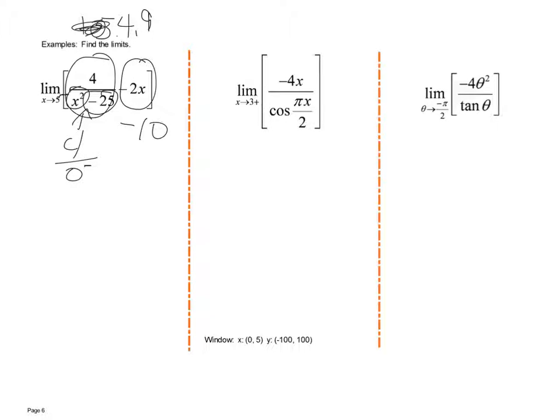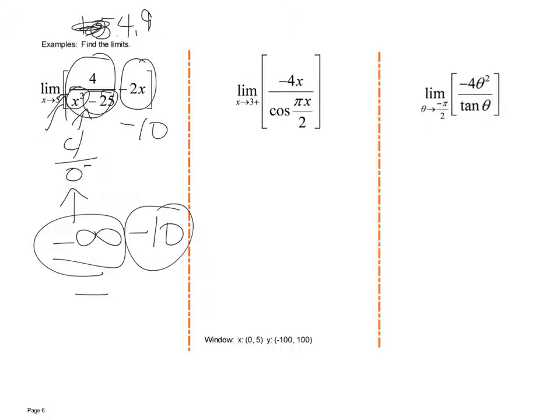This is a small negative number if I'm to the left. And again, I changed this problem to just have that to the left. I'm going to approach from the left. So this guy is negative infinity minus 10. Overall, I got some huge number that's getting huger and huger negative, minus another number. It's getting even more negative. That's negative infinity. And that's how you can logic through that.